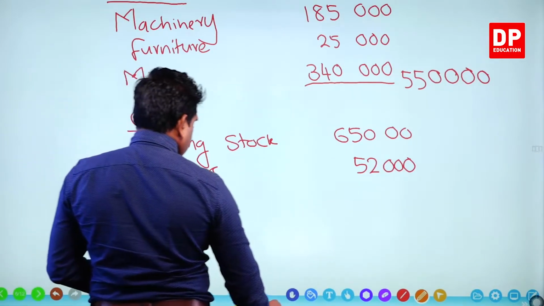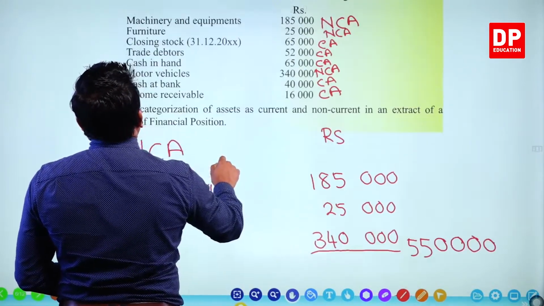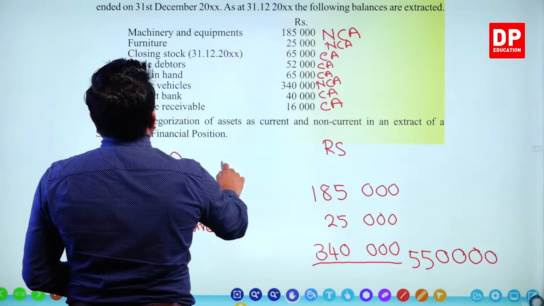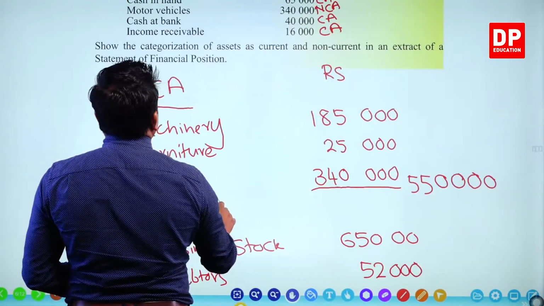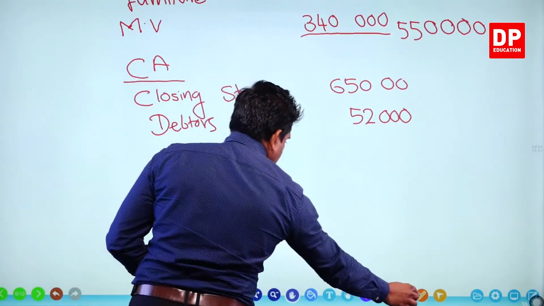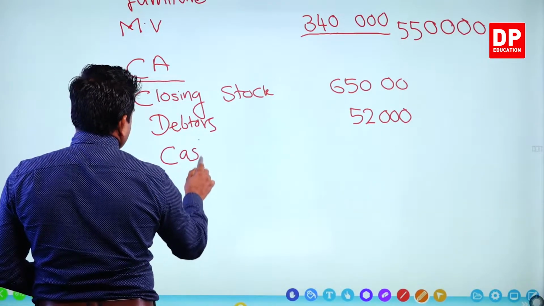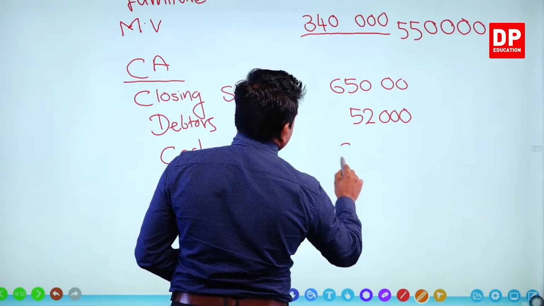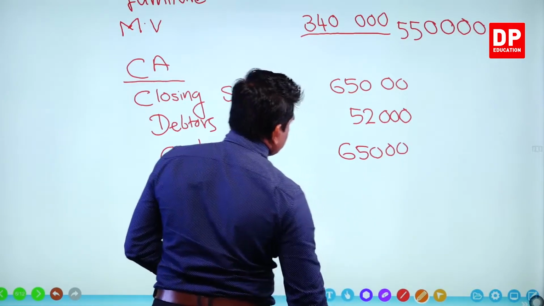Then next one, cash in hand 65,000. Cash in hand means cash, right? You can write only cash if you want. 65,000.